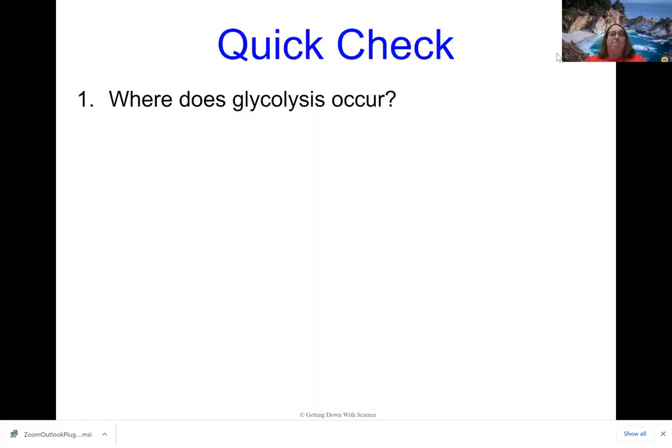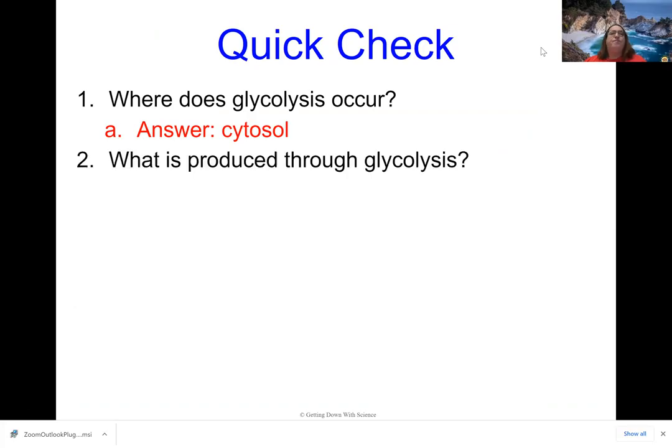Okay, so quick check. Where does glycolysis occur? The cytosol or the cytoplasm. What is produced through glycolysis? Pyruvate is what's actually produced. Yes, we still make some ATP.